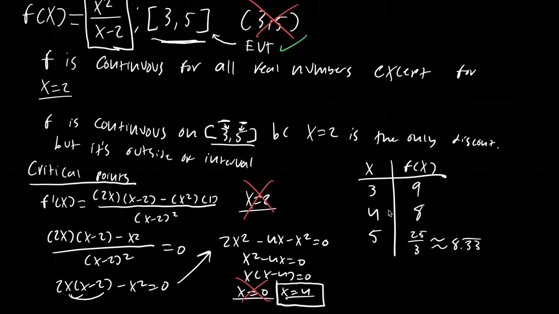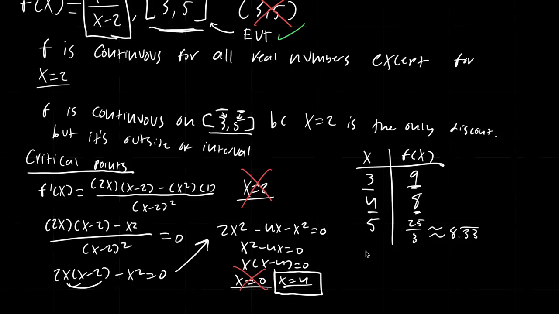Now we just have to figure out which x value yields the highest f of x value and which yields the lowest. According to our table, 3 yields the highest f of x value of 9, and 4 yields the lowest f of x value of 8.